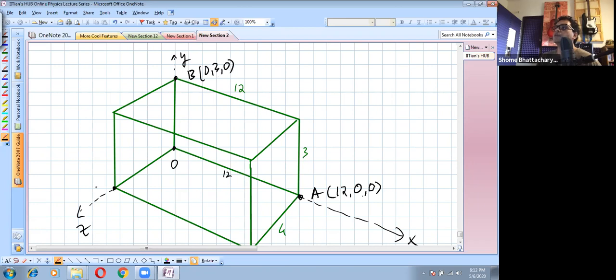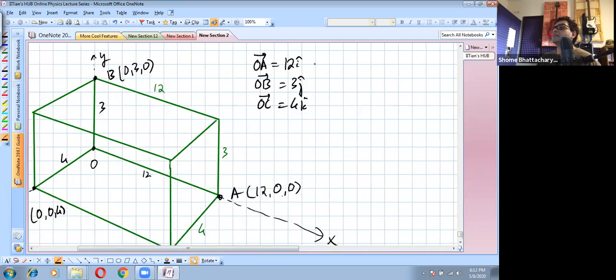And this corner point is C, with coordinates 0, 0, 4. So from the earlier diagram, the vector OA is 12 i cap, the vector OB is 3 j cap, and the vector OC is 4 k cap, which we had written as A_x i cap, A_y j cap, A_z k cap.